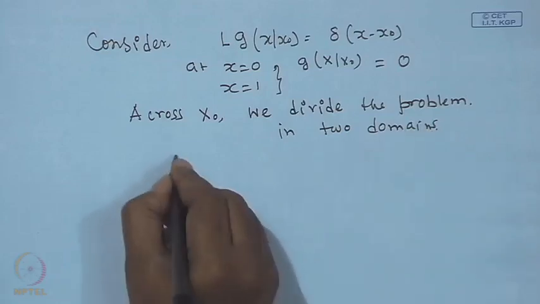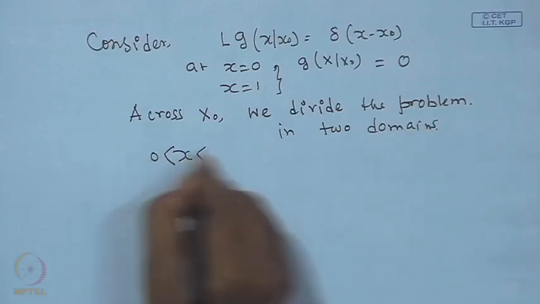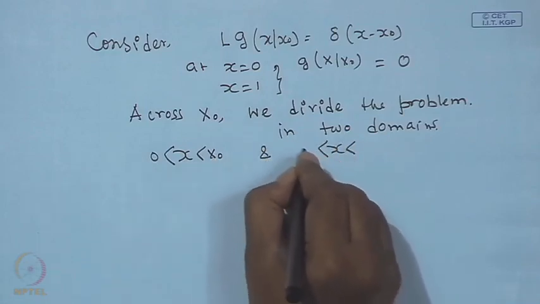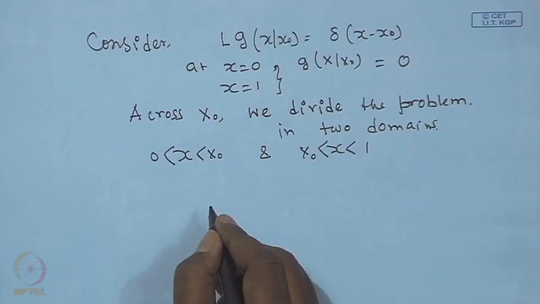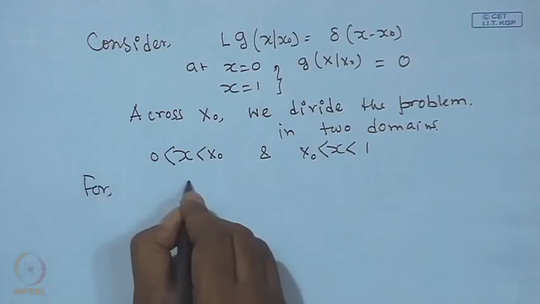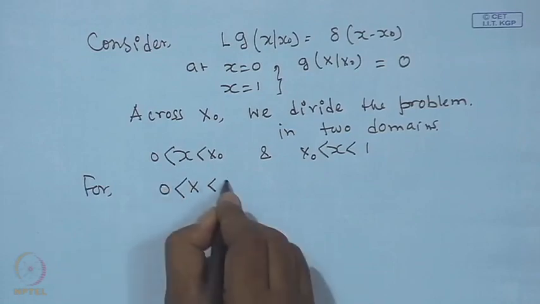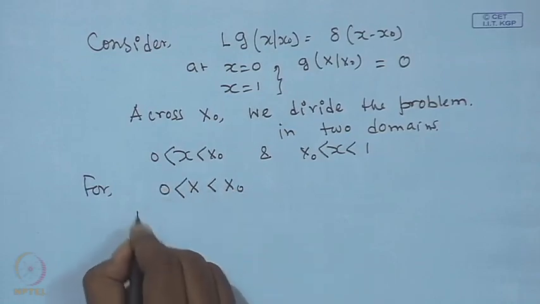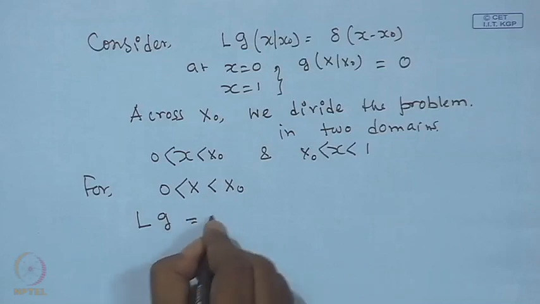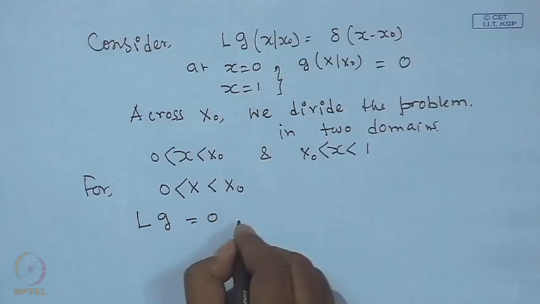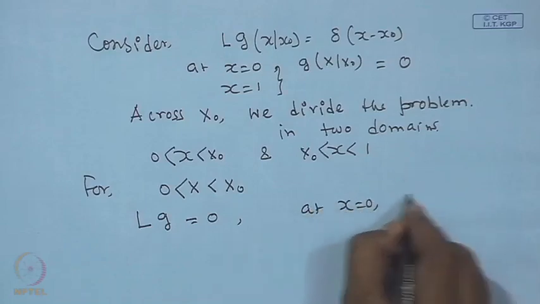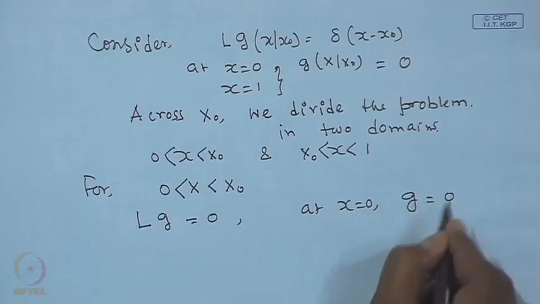One is x lying between 0 and x naught, and another is x lying between x naught and 1. Now, for the domain of x lying between 0 and x naught, we have L g is equal to 0, and the boundary condition will be, at x is equal to 0, g is equal to 0.